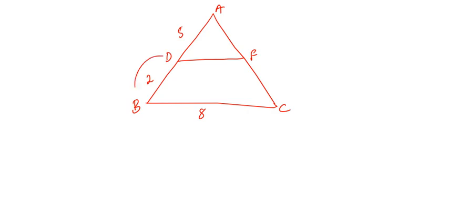Obviously, if I say 2, it will be 2k. That's the ratio there, 5k. And then this one, you can call it 8p, right? And then I tell you that this is parallel to that. Then I say to you, find for me DF.